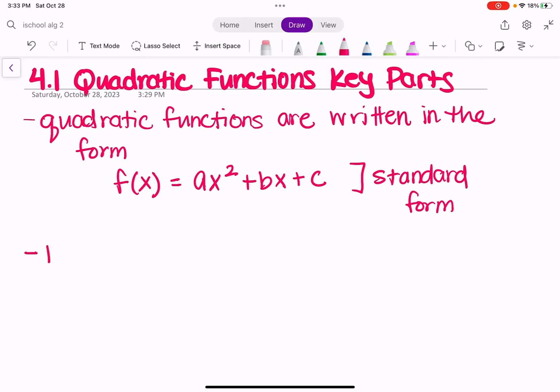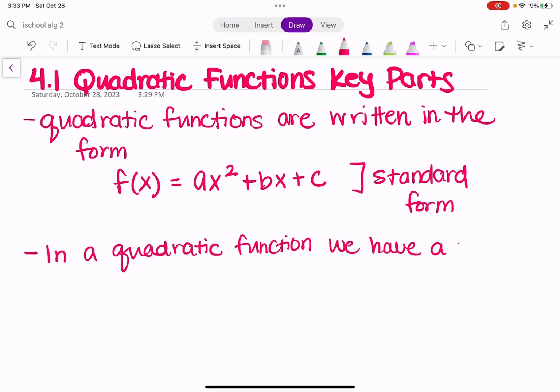So in a quadratic function, we have a number of key parts, right? And so that's basically going to be the lesson today. It's kind of understanding the key parts of a quadratic function.